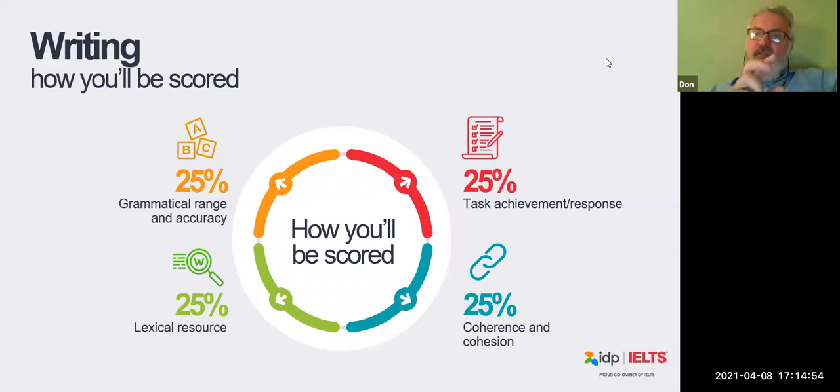If you haven't, have a look at it now if you can, or after this presentation, and you'll see these 4 criteria and what you can do at a band 5, at a band 6, at a band 7, at a band 8, band 9. Let me explain grammatical range a bit more.